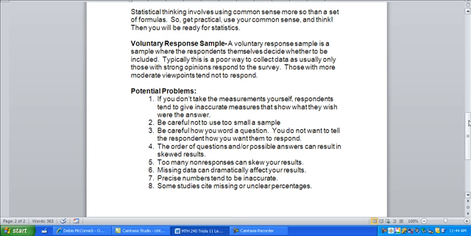So those with moderate viewpoints tend not to respond.